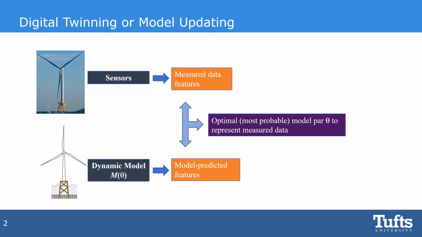The process of calibrating it to represent the actual thing is model updating, or digital twinning, for which you need to have some sensors or measurements. And then you integrate that measurement with your model, and then it can represent your physical system better.